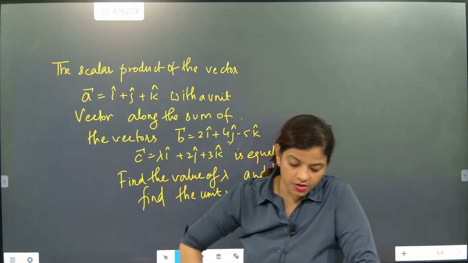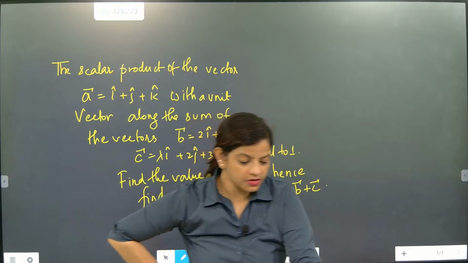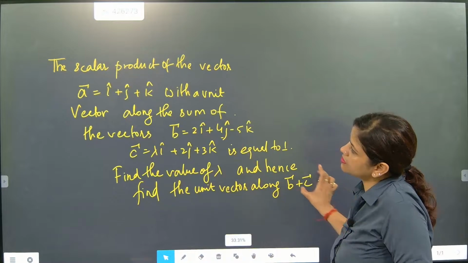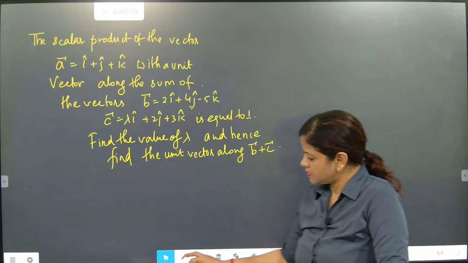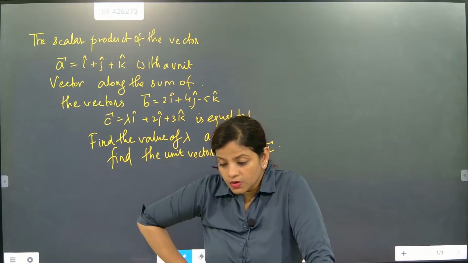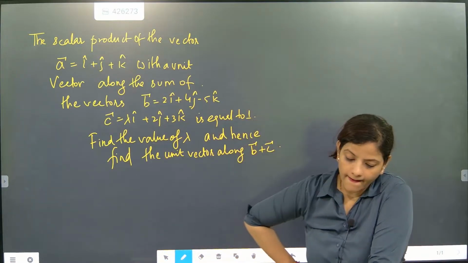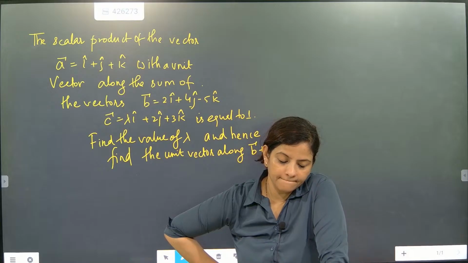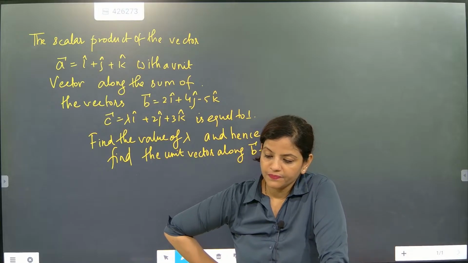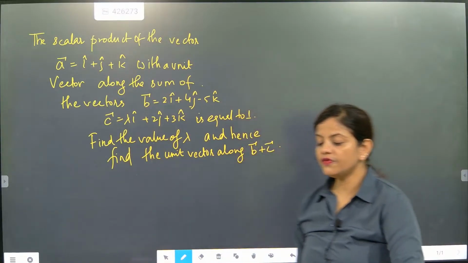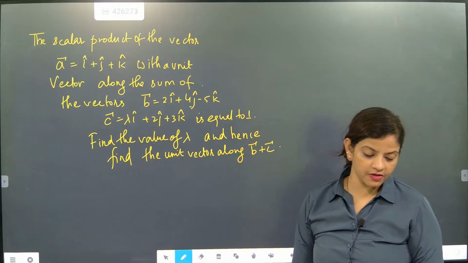Come on, start. Shoot me. Solve this. I'm moving. Better I will move this. This question came in CBSE 2014, old and gold question. Try this question. The unit vector along b vector plus c vector. Rohit, what happened?